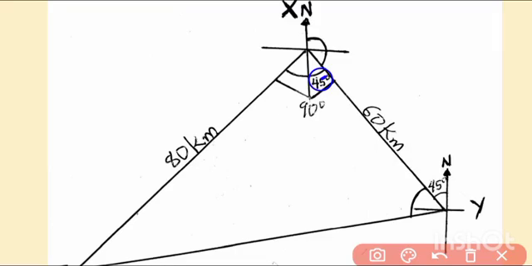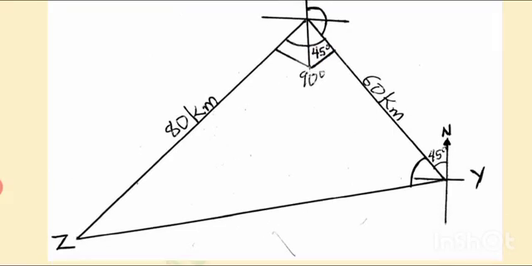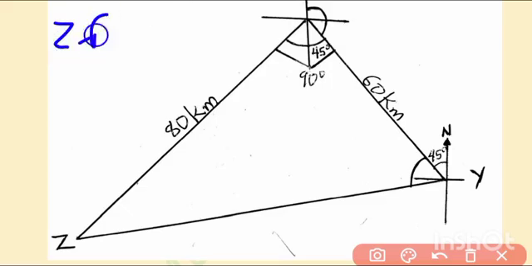And the second statement says the bearing of point Z from X is 225. We still go back to X because from X simply means we have to read from the north of X until we get to the line connecting Z and X. That is what we did here, and this represents 225.